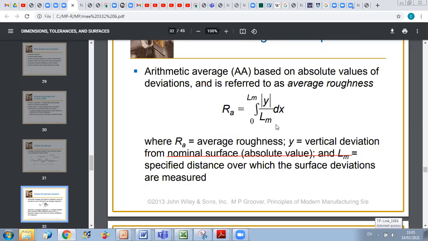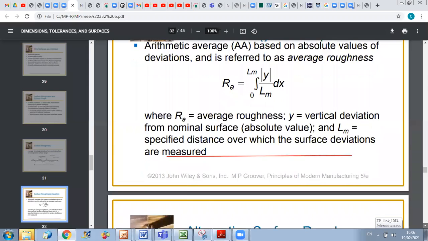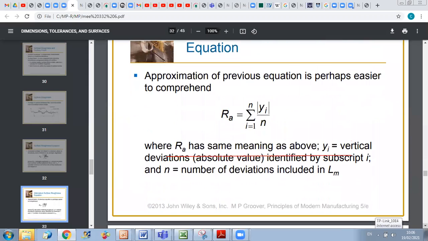Now, sometimes if we don't want to do integration, we can use another procedure. Integration is the most accurate method, but to do this, we need to draw the graph and calculate the integration by a graphical method or calculation. Another method that can also be used is to take a high number of points on the surface and measure the deviation, and then the average roughness can be estimated as the average of these deviations.